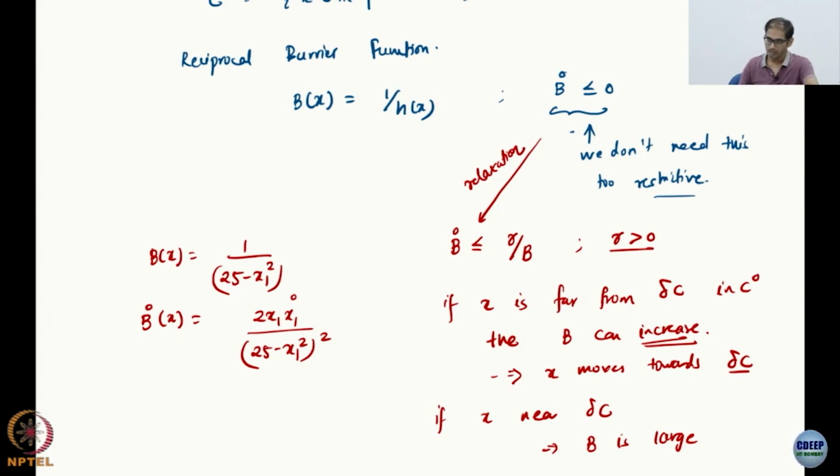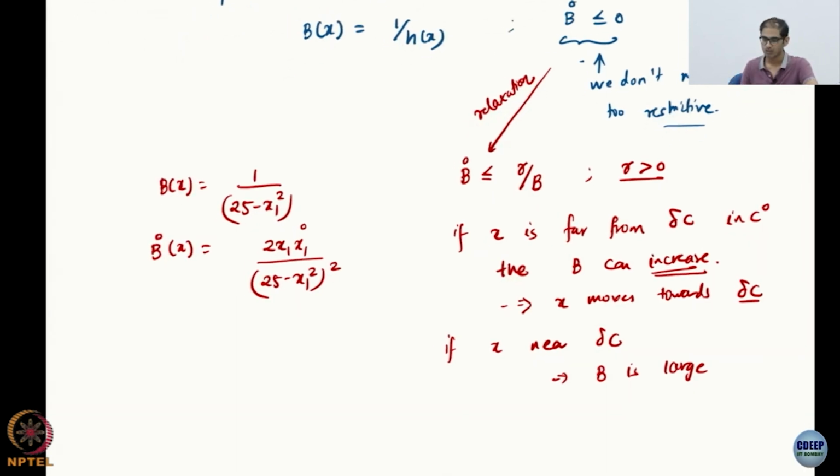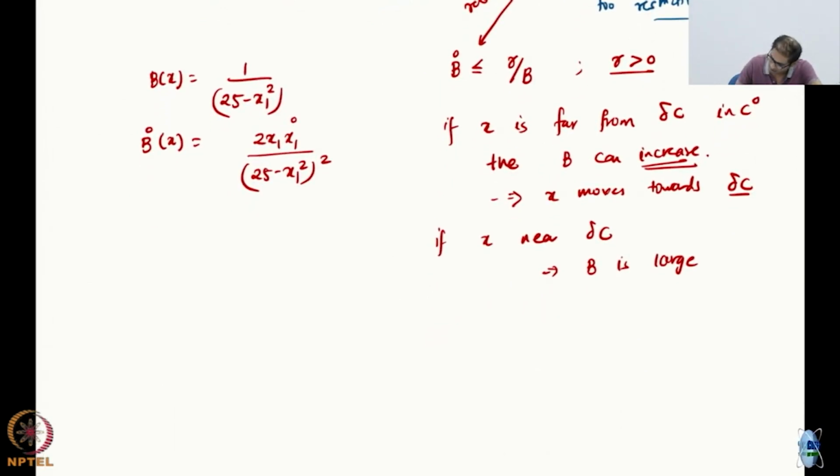If b becomes very large, what happens to this guy? Almost 0. So therefore b dot is approximately less than or equal to 0. So b either does not increase or starts to decrease.